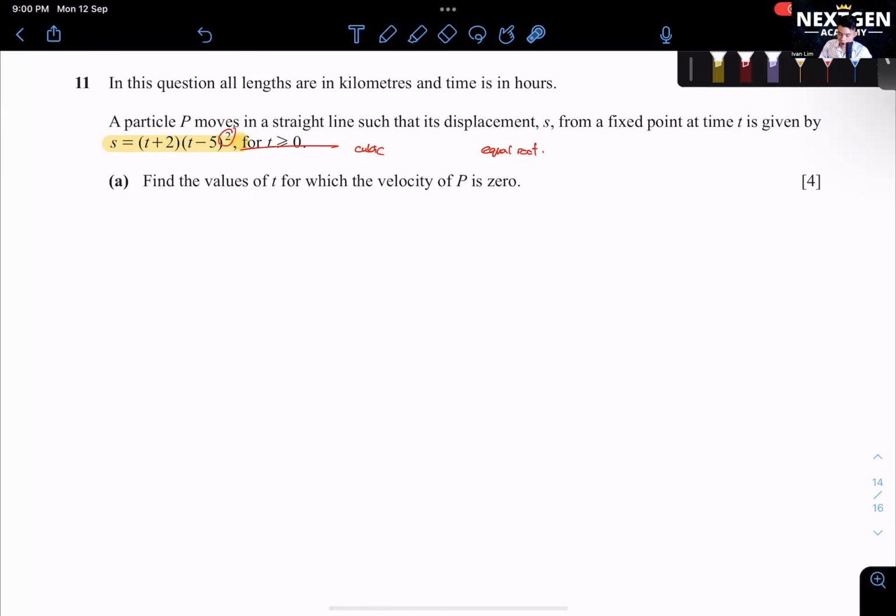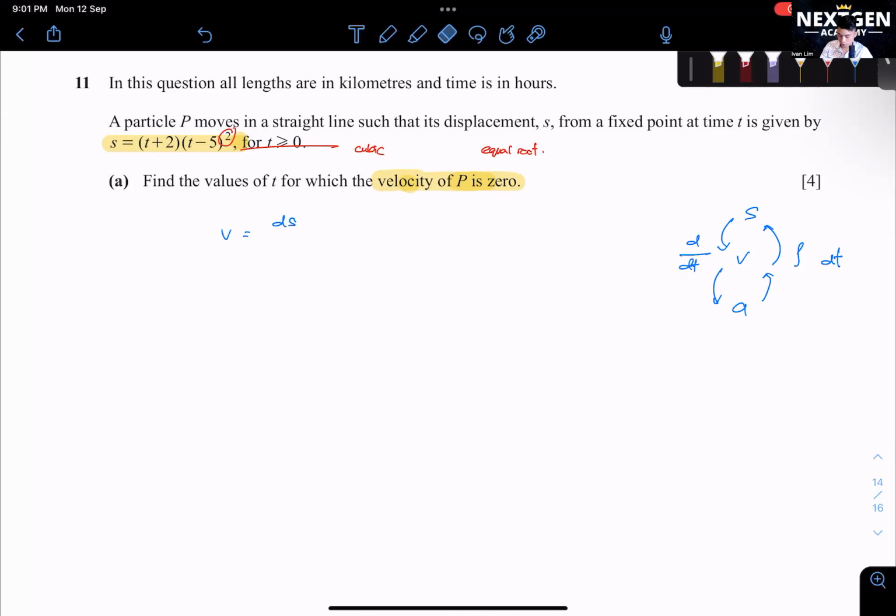Find the values of t for which the velocity of P is equal to 0. Okay, so velocity is 0. From s to v to a, going down is d over dt, going up is integrate. So for us to get from s to v, we differentiate it. So v equals ds over dt.